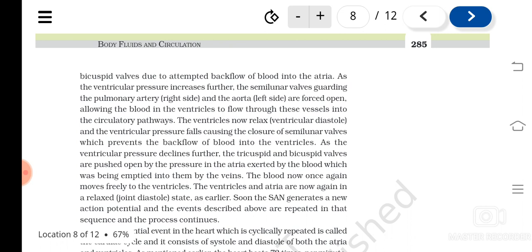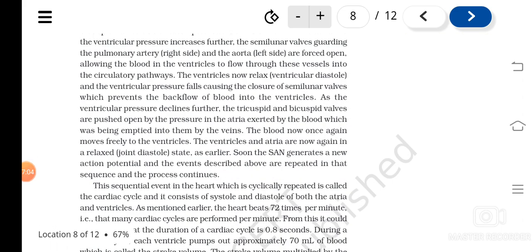As the ventricular pressure declines, the tricuspid and bicuspid valves are pushed open, and that causes filling of the atria, as the veins bring blood into the atria. The tricuspid and bicuspid valves will be opened. The blood now once again moves freely to the ventricles and atria, and again in the relaxed state, that is joint diastole.